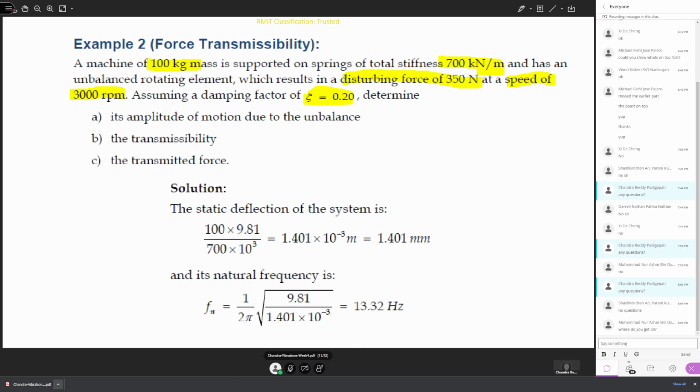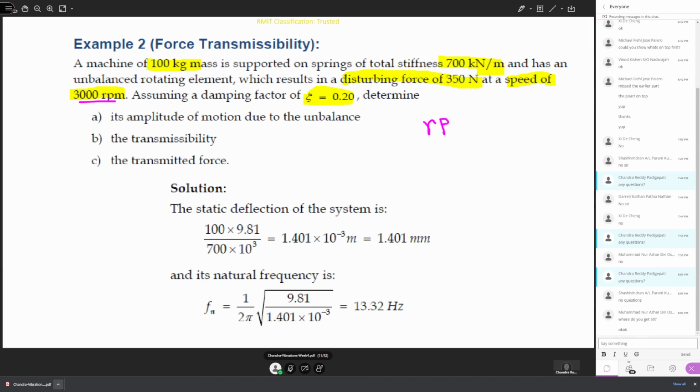Noor Azhar is asking, where do we get 50? The 50 comes because you need to convert this 3000 RPM into RPS, rotations per second. Yes, that's right, Azhar, so 3000 over 60.